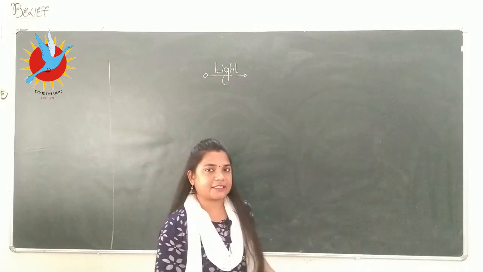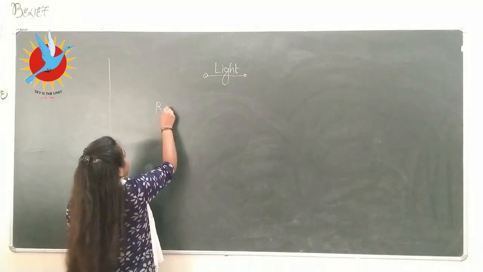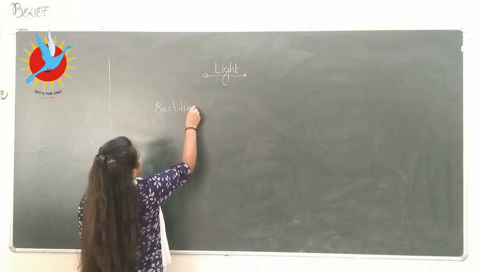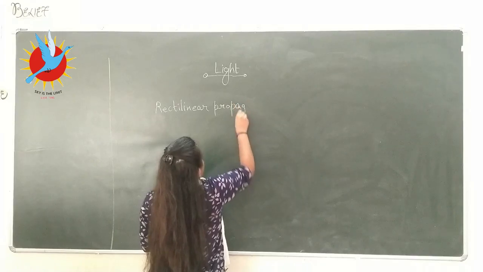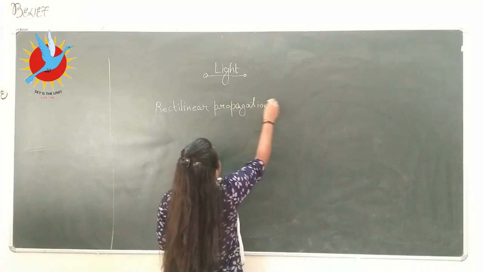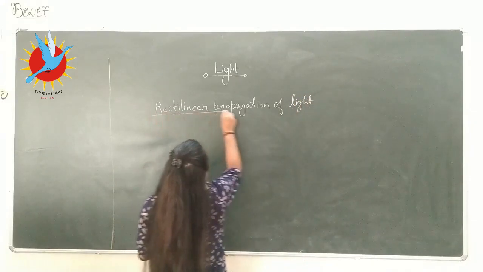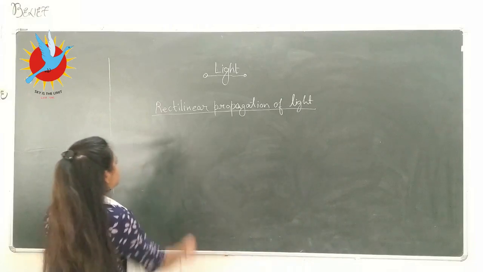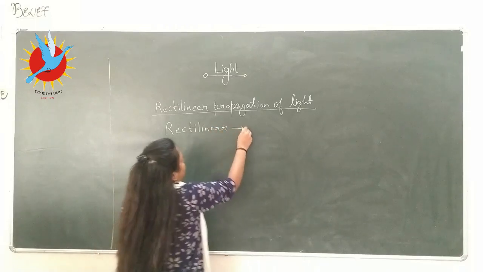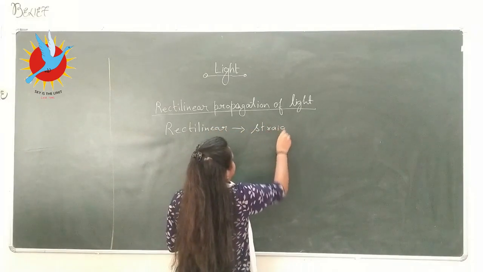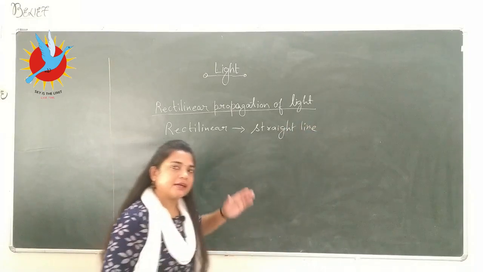Now I'm going to discuss the next topic, and that is rectilinear propagation of light. Okay, students, this word rectilinear means straight line, and propagation means traveling.